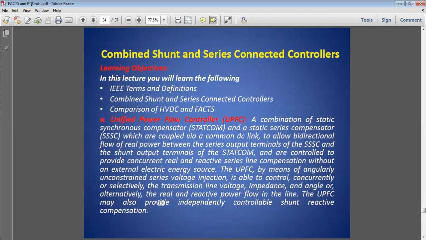Next, combined shunt and series controller. What it means?